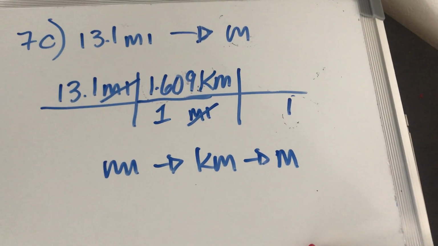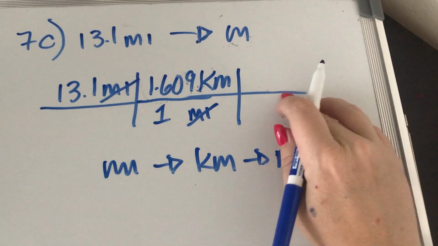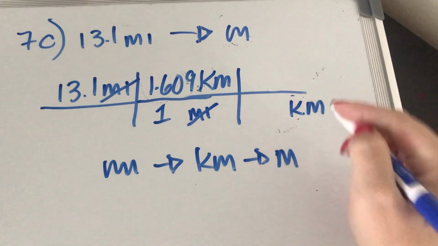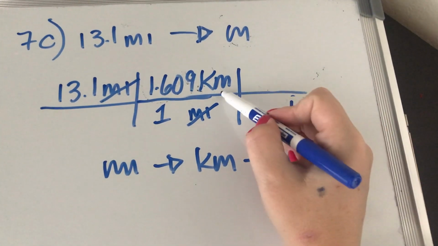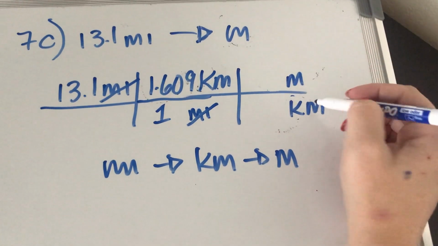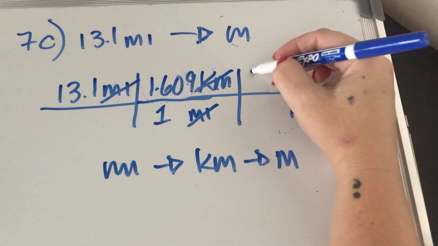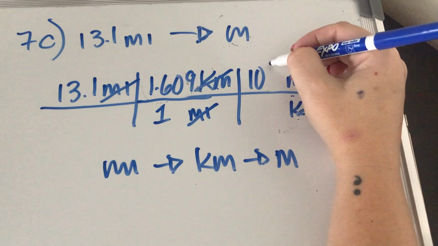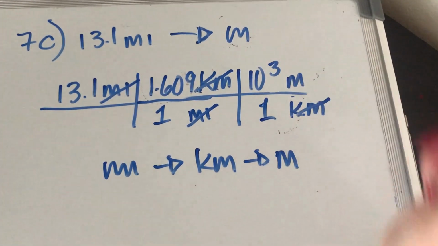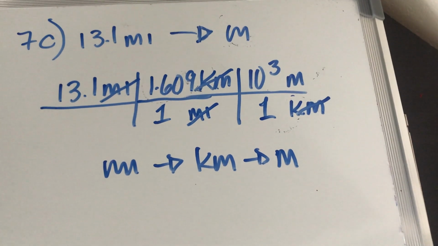Now all of these factors were given to you, so it's just a matter of figuring out how to set them up. So I'd want kilometers down here to cancel with kilometers up here, and meters up top. So I would have 10 to the 3 meters for every 1 kilometer.